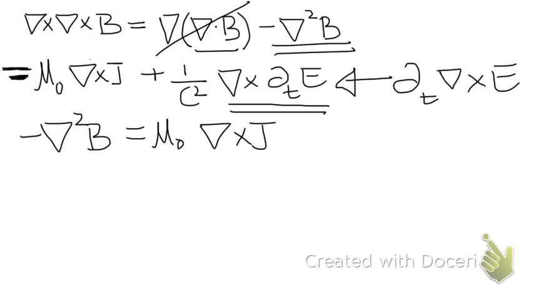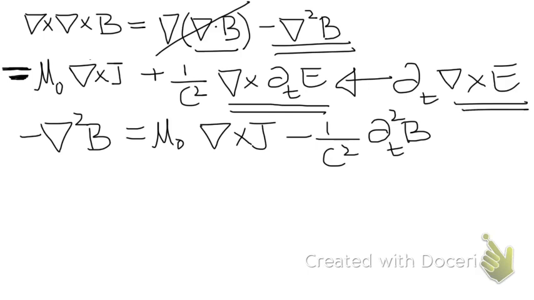Okay, so if I can do that, then downstairs I'll have this thing as negative 1 over c squared times the partial time derivative operated 2 times on my magnetic field B. I have simply written here the value of my curl of E, right?